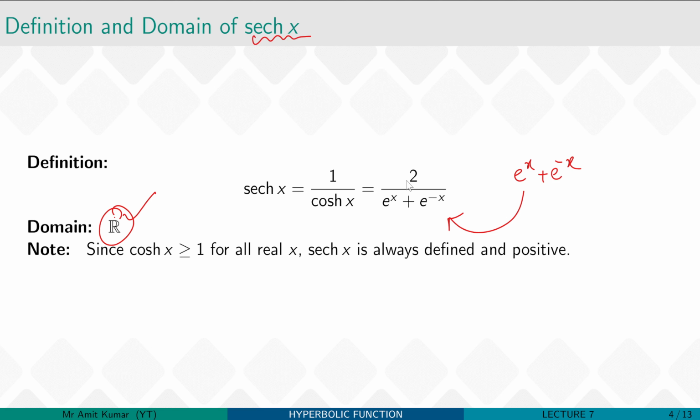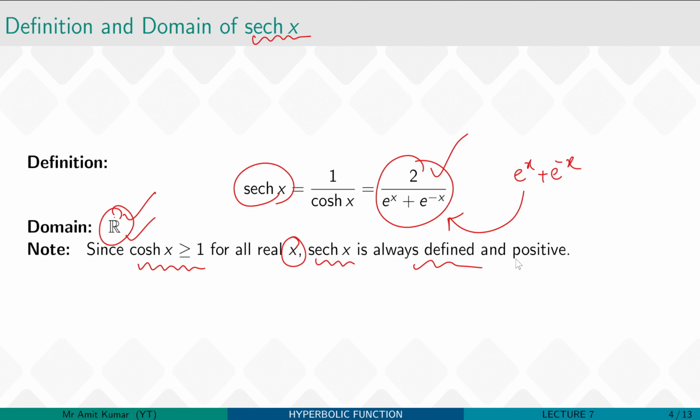Since the expression is defined for all values of x, the domain of the function sech x is all real numbers. Since cosh x is always greater than or equal to 1 for all real values of x, sech x is always defined, and this is always positive.